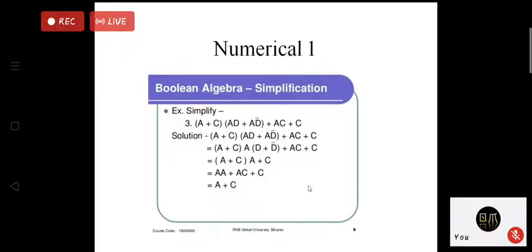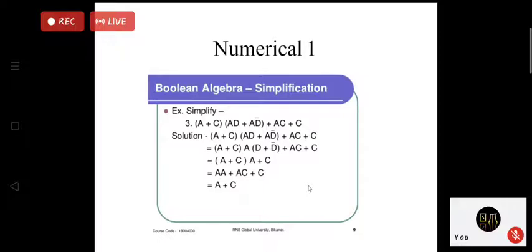So let us see one numerical. An engineering level numerical I have deliberately put at the outset, at the beginning only, little complicated, but if you reduce it, it will become very simple.